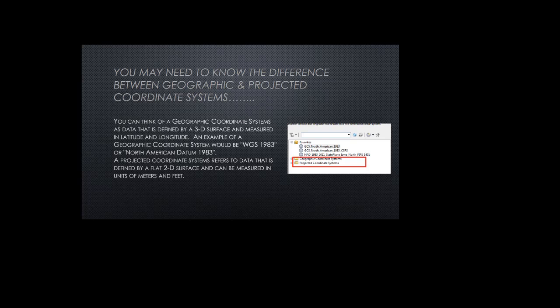A datum is a set of data. We represent these datums with points on the surface of the Earth, and we assign latitude and longitudes on a spherical or ellipsoidal Earth, or we assign northing and eastings in terms of meters or feet. It depends if we're going to say State Plane or UTM for a projected system.